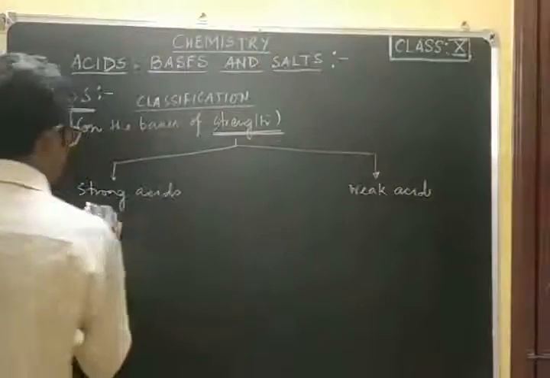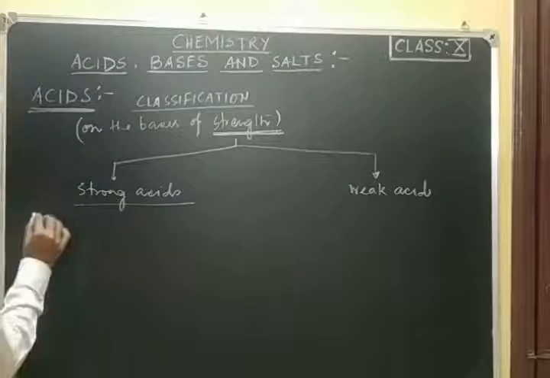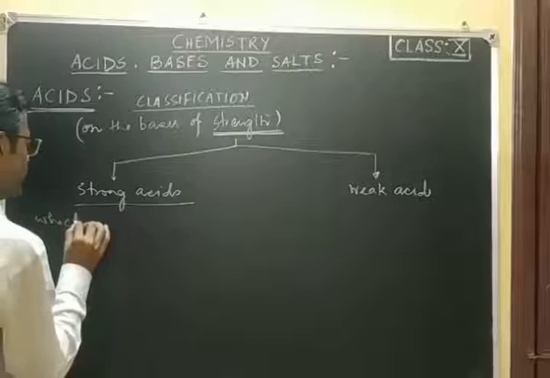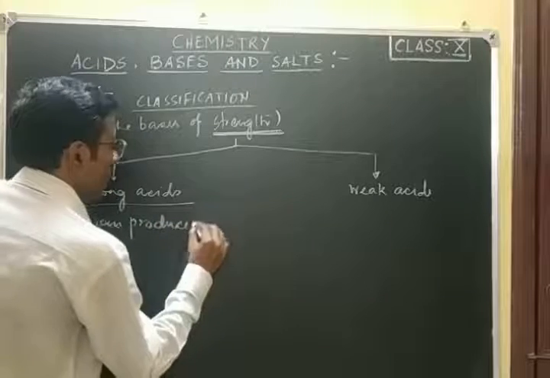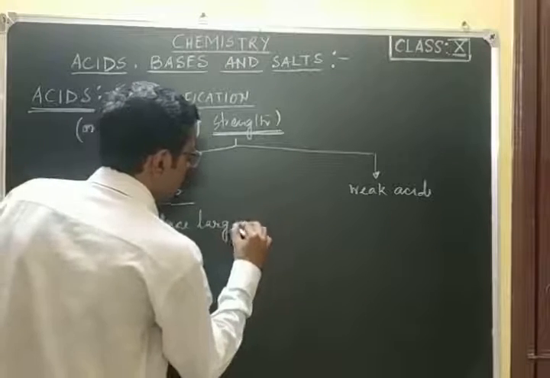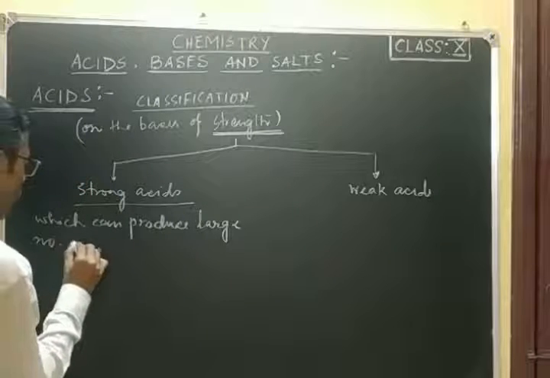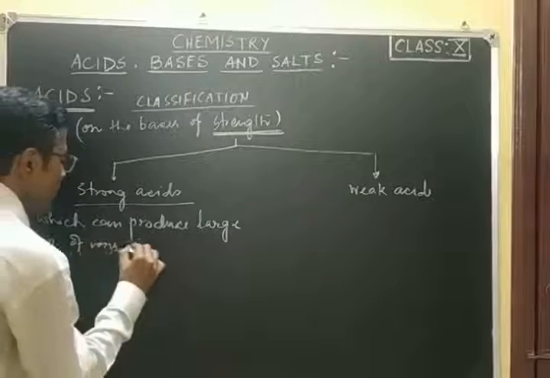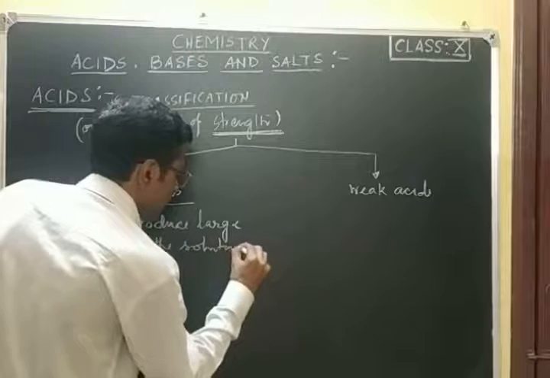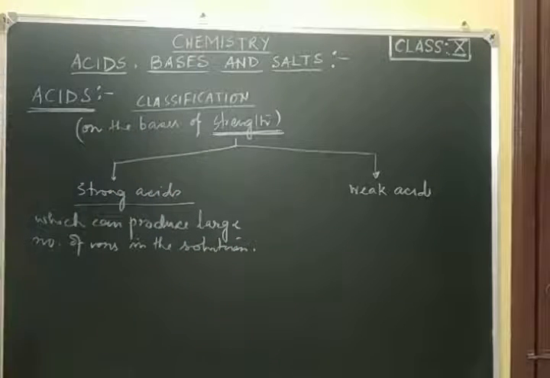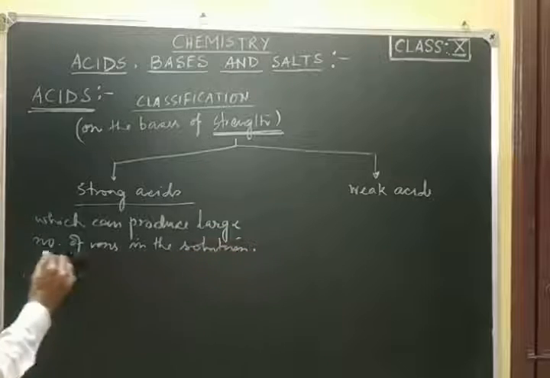So strong acids are the acids which can produce a large number of ions in the solution. So in other words, I can write where the degree of ionization or dissociation is large.